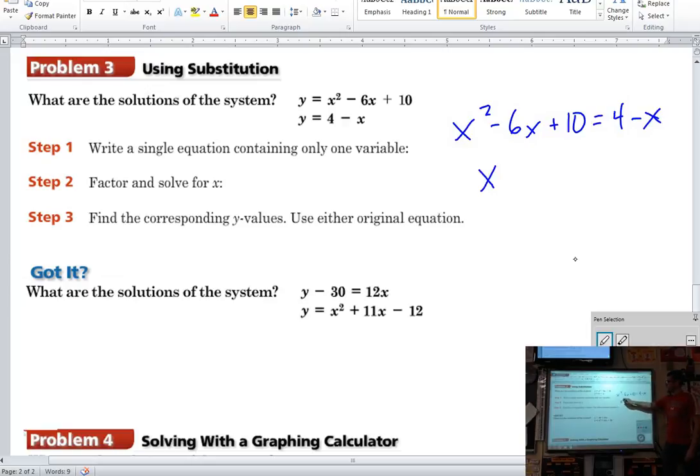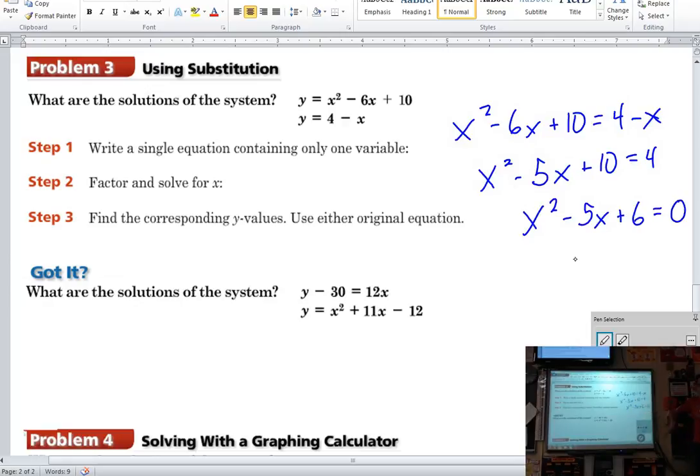So if I do that, I get x squared minus 5x plus 10 equals 4. So we get x squared minus 5x plus 6 equals 0. It's a quadratic now. The factors are x minus 3 times x minus 2, and then x equals positive 2 or positive 3.